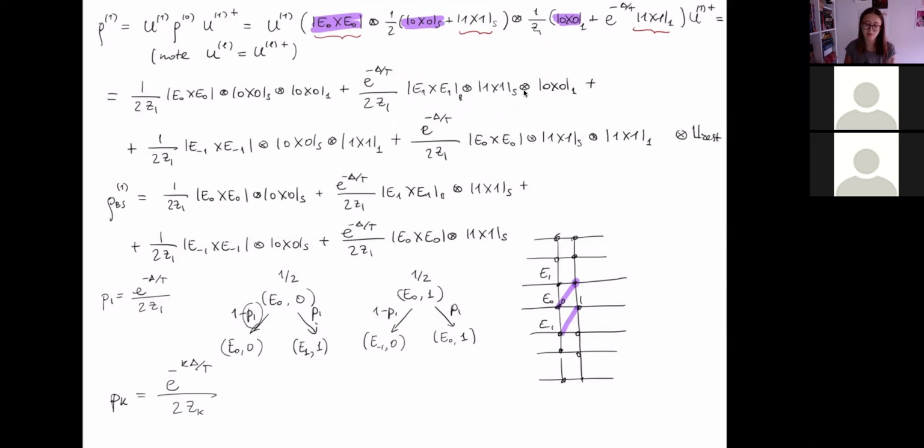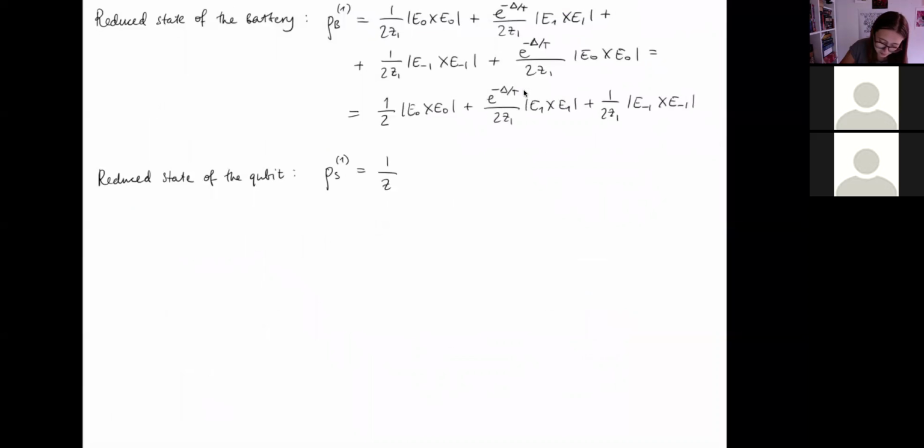And we take the partial trace over the system B, which means that we're just left with 0, 0s and 1, 1s on system S. And for 0, 0, we would have 1 over 2Z1 plus 1 over 2Z1, which would give us 1 over Z1, 0, 0.